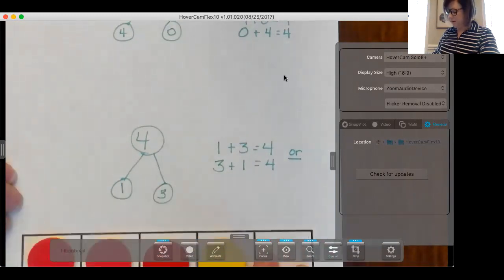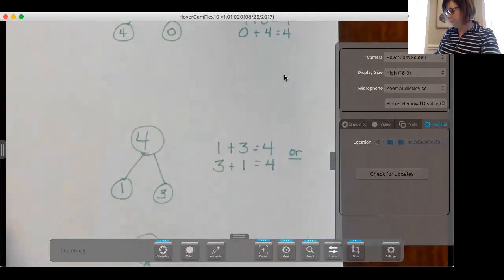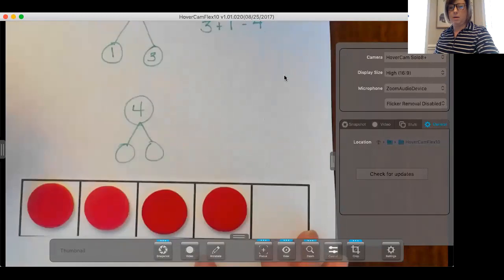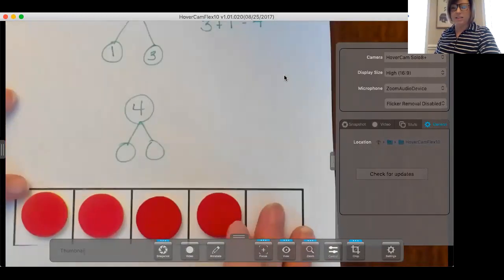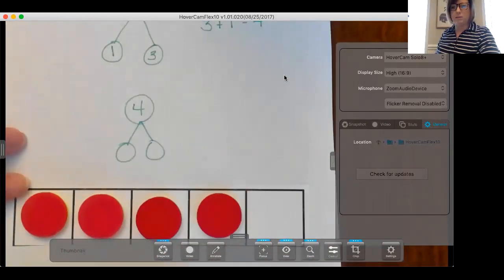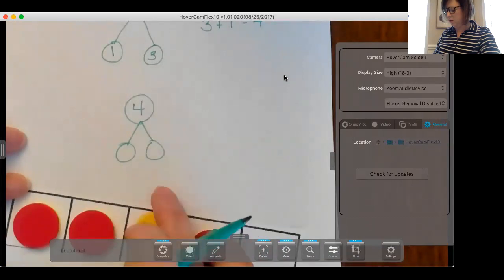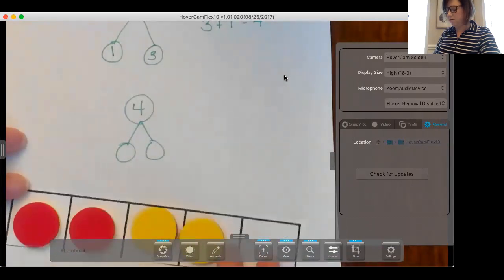Okay, all right, let's go down here. Now we have all these, can you see it? All right, so we have all red. Well, we've already done this one. What's another way we could do it? We did it with 1. Let's make it 2 reds and 2 yellows. Does that work?